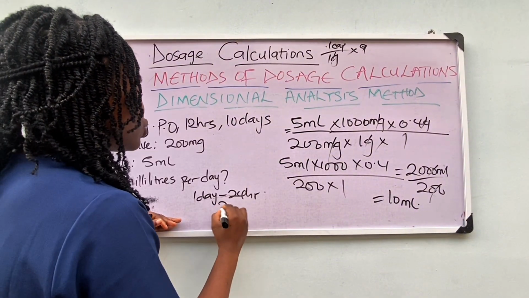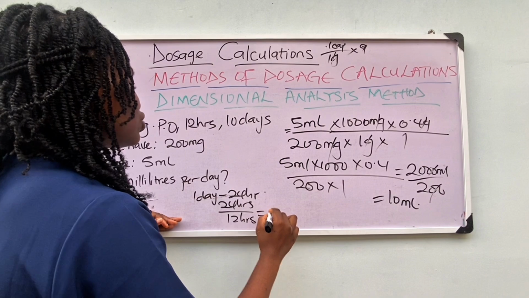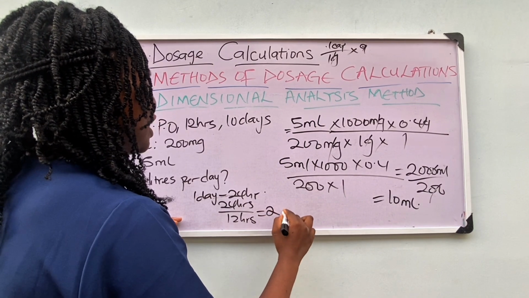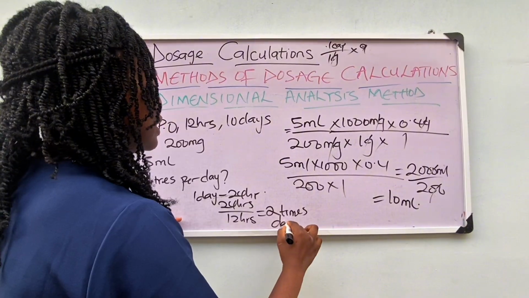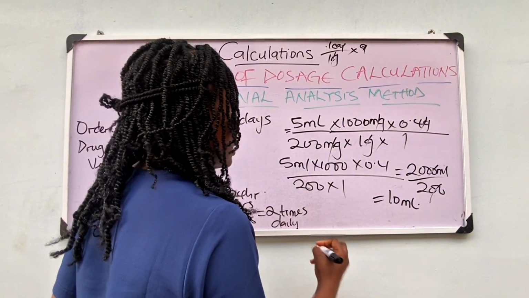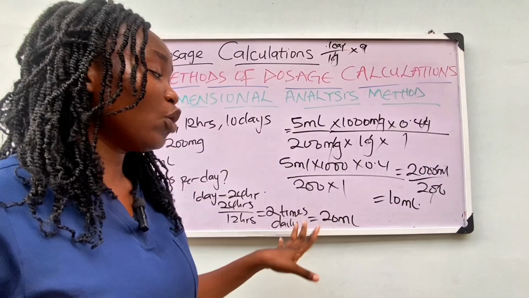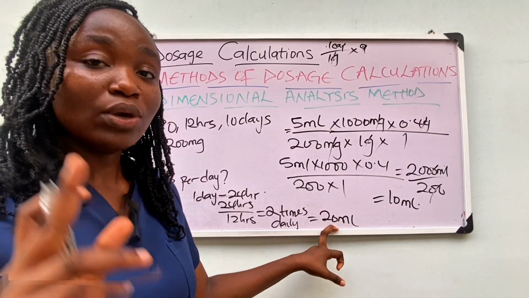So that will give us 24 hours divided by 12 hours, which is equal to 2 times daily. So if this drug is administered 2 times daily, it means that in a day, 20 mL is administered. So we have 20 mL per day.